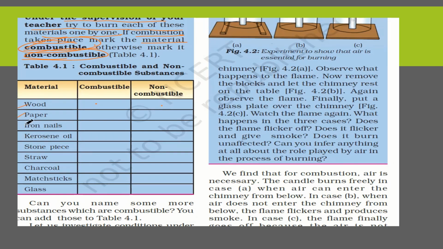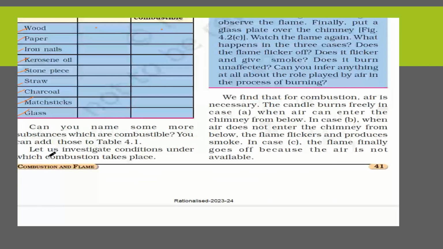Just take these substances and try to burn or light them, like charcoal, straw. Whatever is burning will be combustible. Which one is not burning will not be a combustible substance. It's a non-combustible substance. So can you name some more substances which are combustible? If you can think of many more substances, you can add them to this chart also.